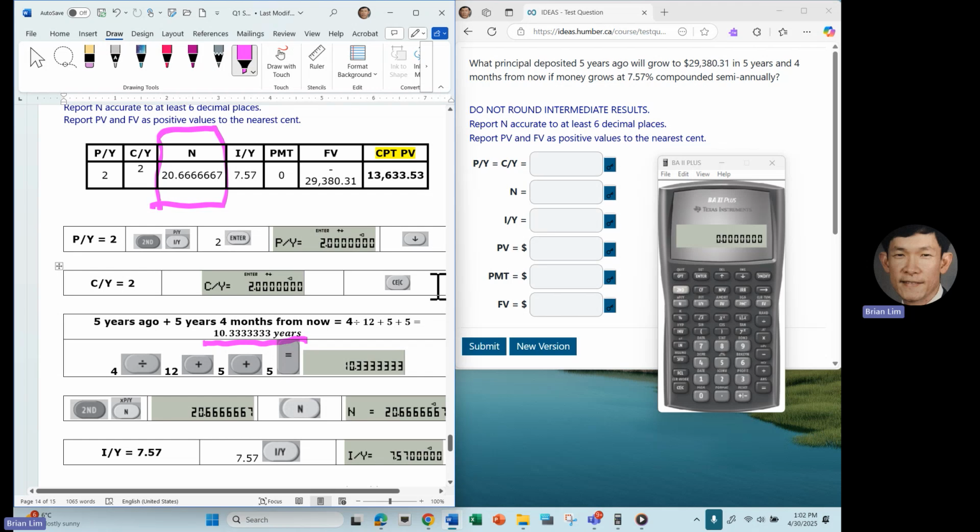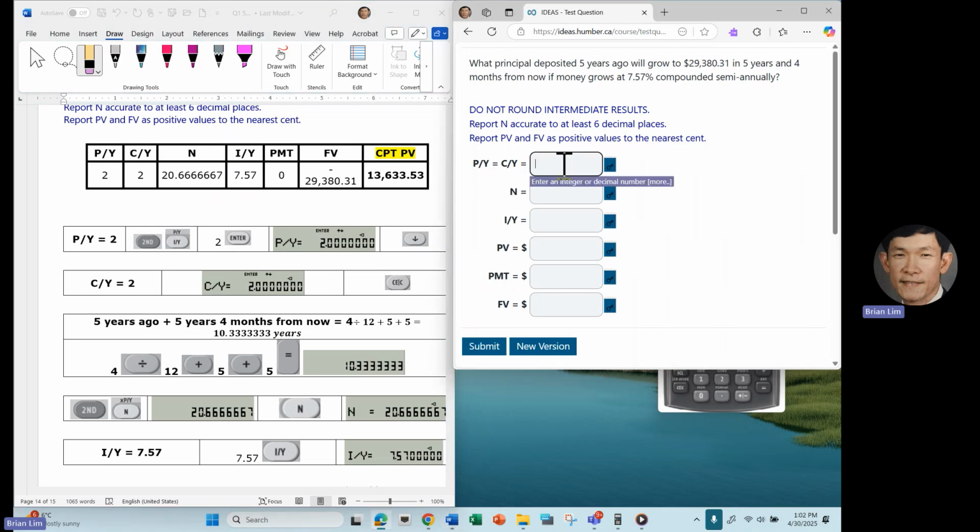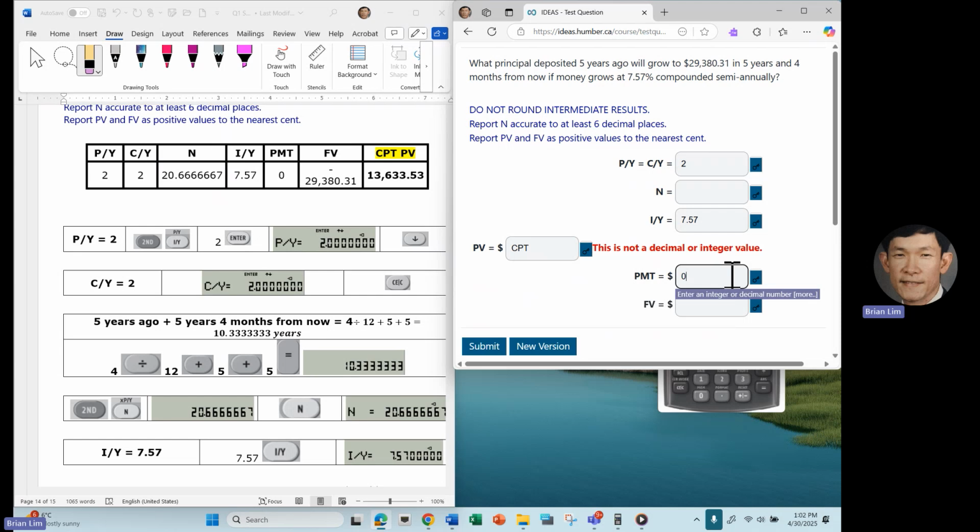Maybe we'll clean up all the markings before we get going. And there we go. All right, so PY is equal to CY. We can enter a 2 in that answer box. We'll skip over the n. IY is 7.57, as you see right there. The present value is what we wish to compute, correct? Yes, that is what we need to compute. The payment is 0, and we have the number for the future value.